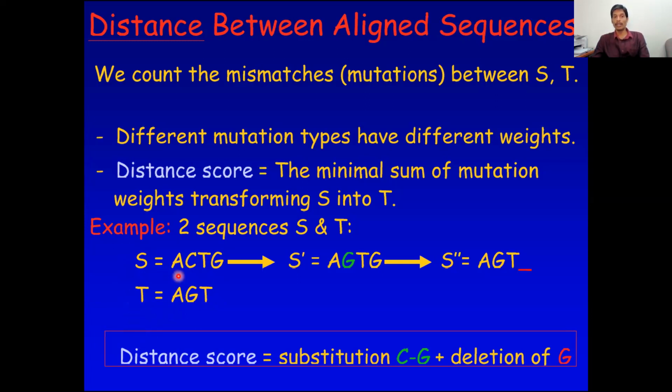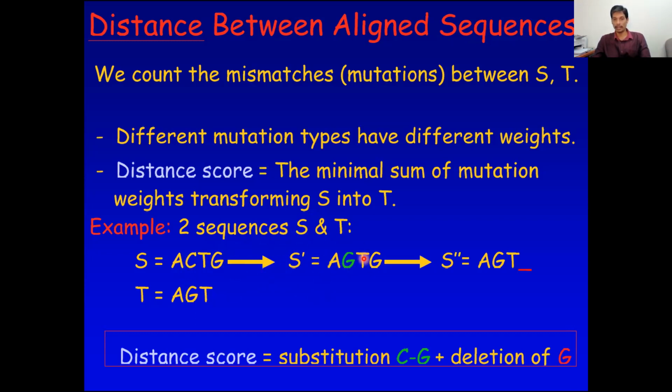So ACTG could become AGTG, that means C becomes G, that is a substitutional mutation. So instead of two indels, meaning a C deletion and a G insertion, you can have a substitutional mutation. So C becomes G here.